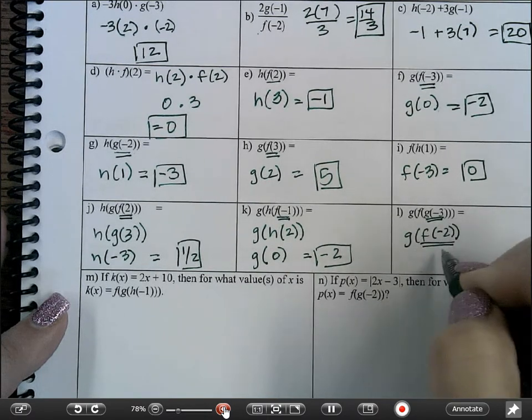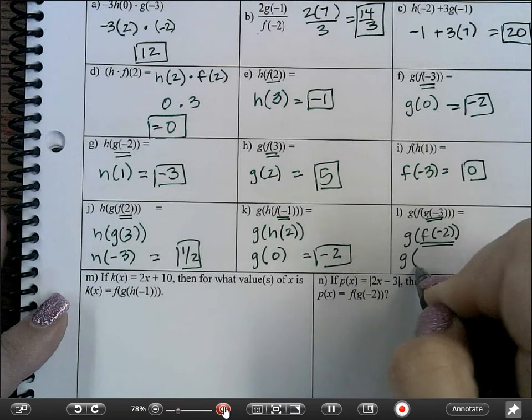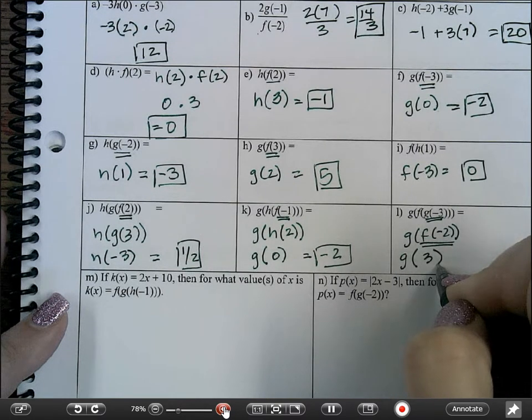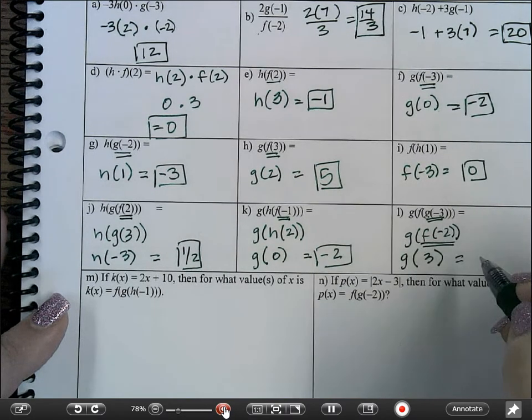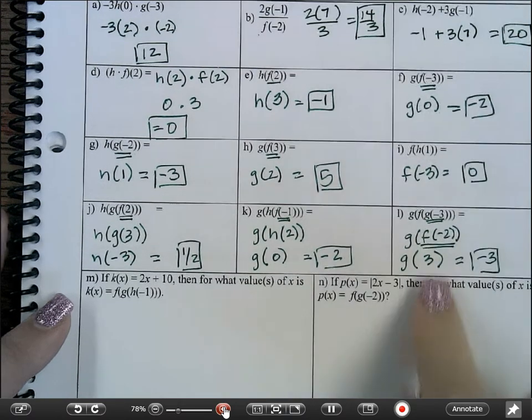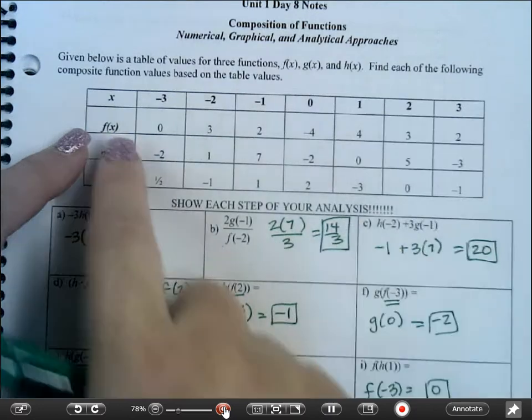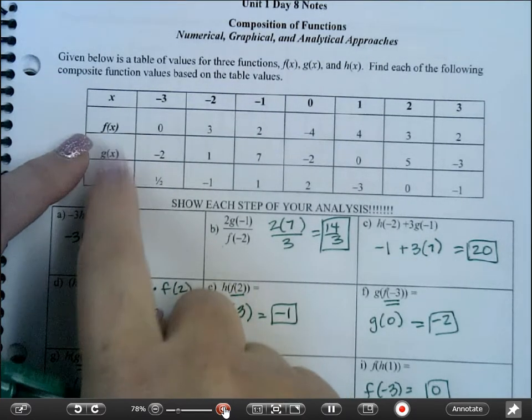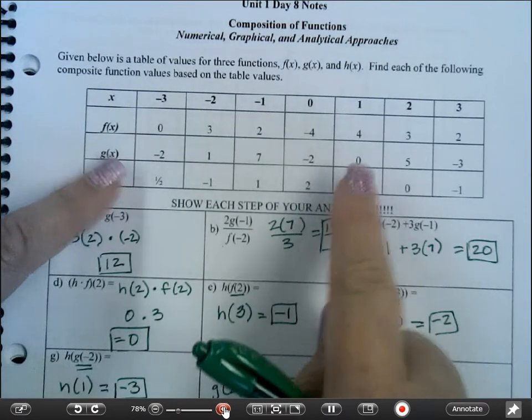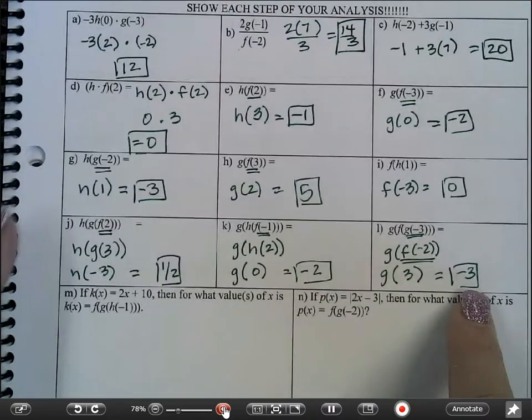F of negative 2 is 3, and then g of 3 is negative 3. Again, these are the x values. You find the x value, and you figure out which function you're dealing with, and then this will give you the y value, and that's what it is that you're looking for.